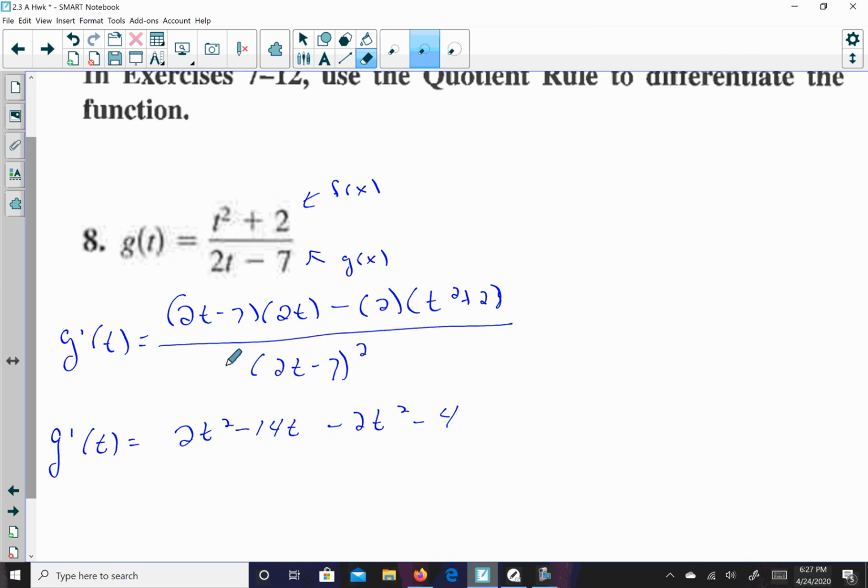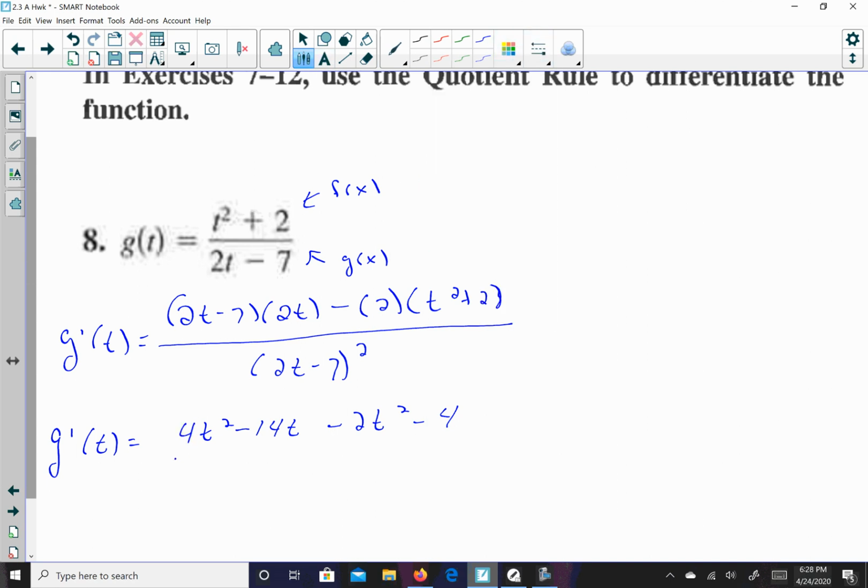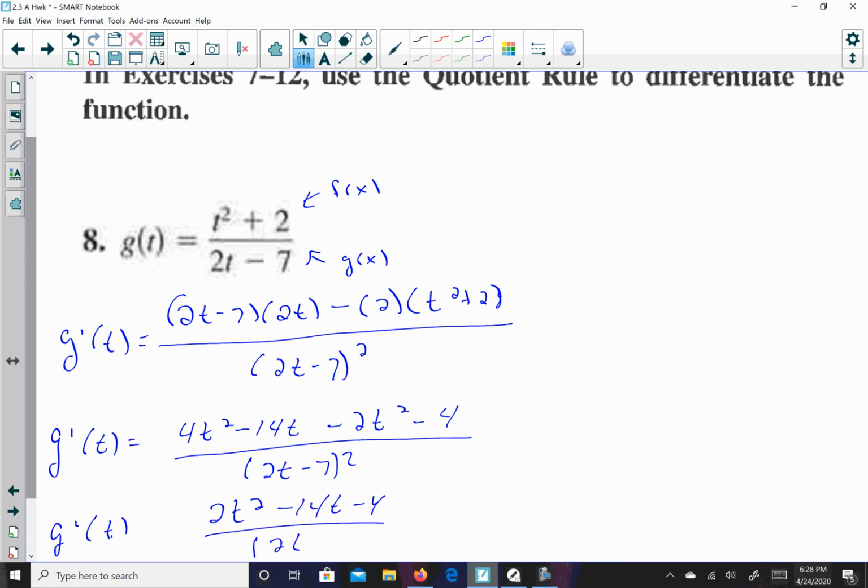When I take 2 times 2t, this should have been 4t squared. Sorry about that. So that'll be 4t squared, and this is all over 2t minus 7 squared. Now when I combine my like terms, the 4t squared and the negative 2t squared will be 2t squared minus 14t minus 4 all over the parenthesis of 2t minus 7 squared.